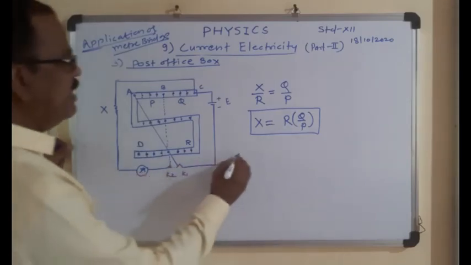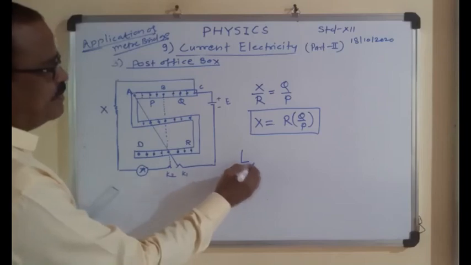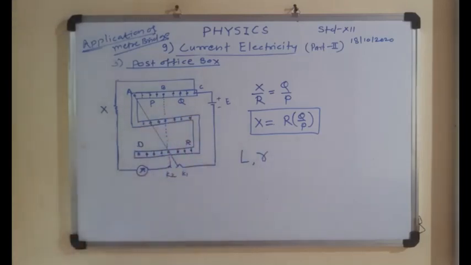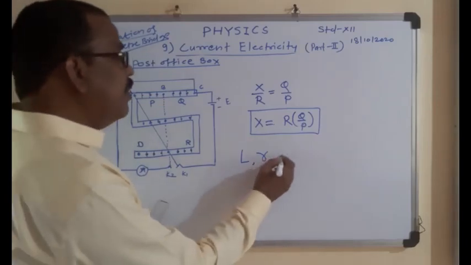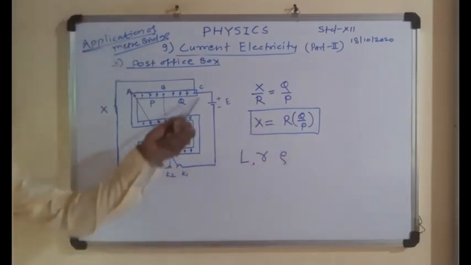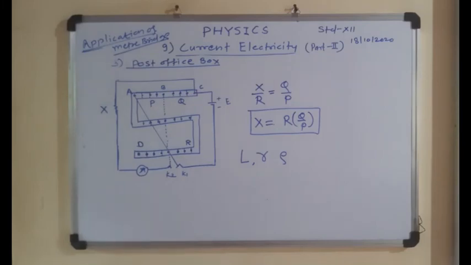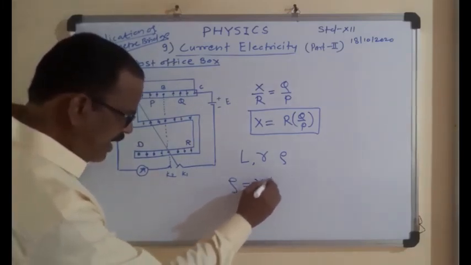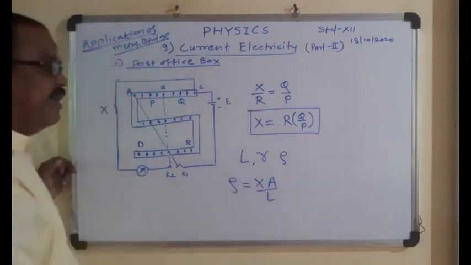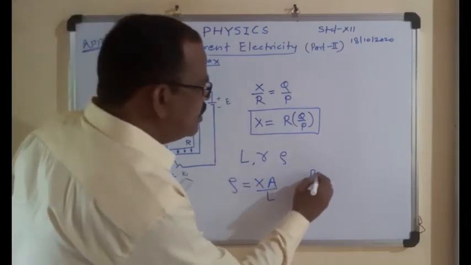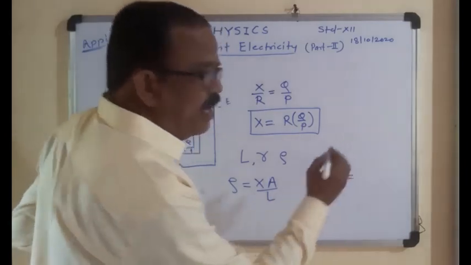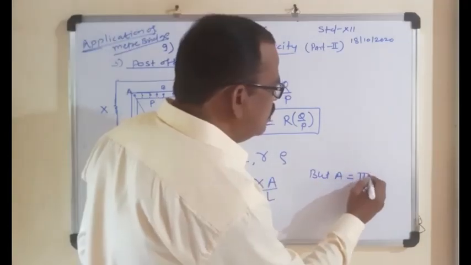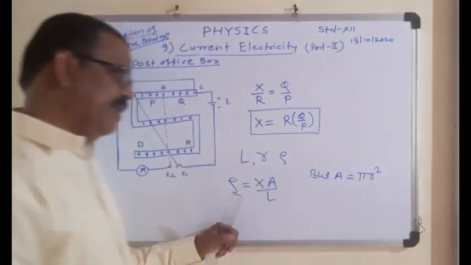We know that L is the length of wire, r is the radius of wire, and rho is the specific resistance of the wire connected in the post office box. The specific resistance is given by X into A divided by L, where A is the area of cross section of the wire, and A is equal to pi r square.